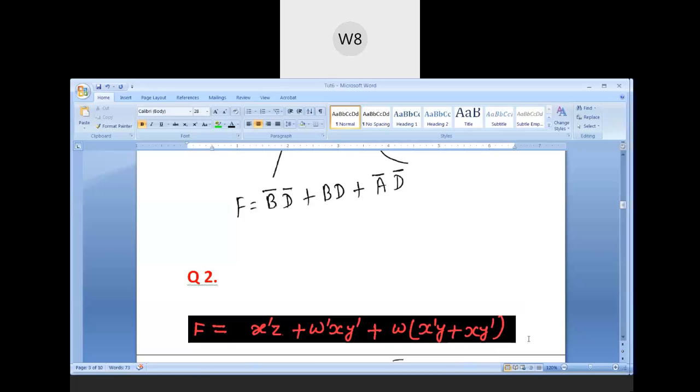And that step would be to first find out the representation of this function in the sum of min term form or in the tabular form. So this problem is going to be a little bit lengthier. So try to solve this problem.